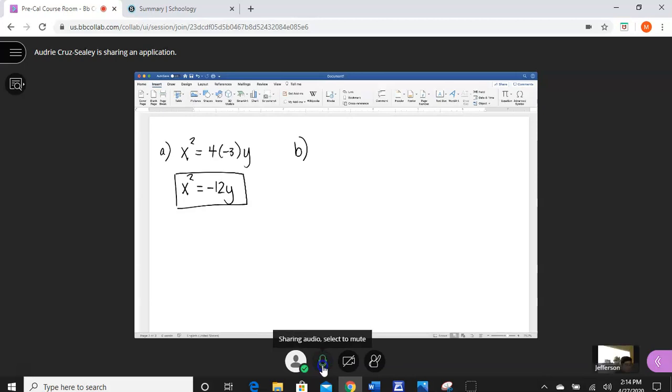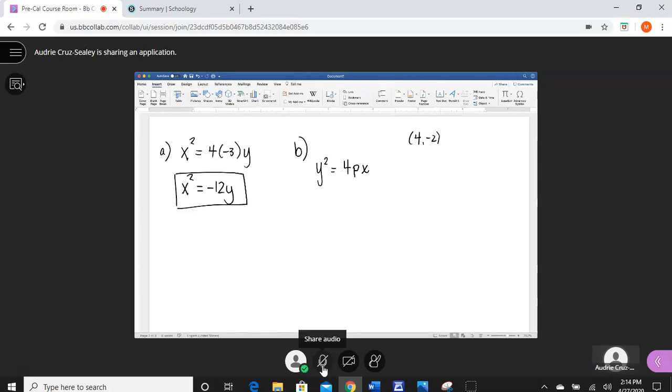Well, for me, he gave us the points x and y, and I just saw x is 4, so I just plugged it in because it's in the middle. So do you agree that the formula is going to be y squared equals 4px? It's y squared because it's opening to the right.